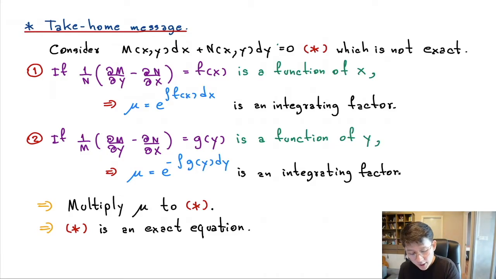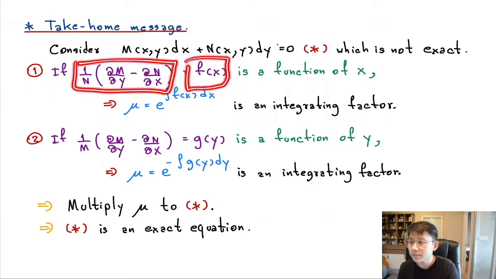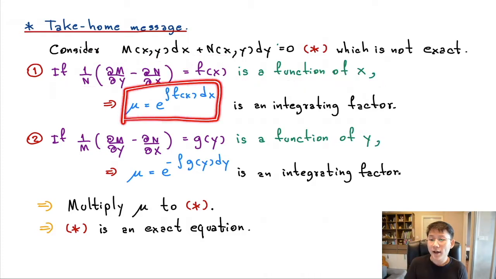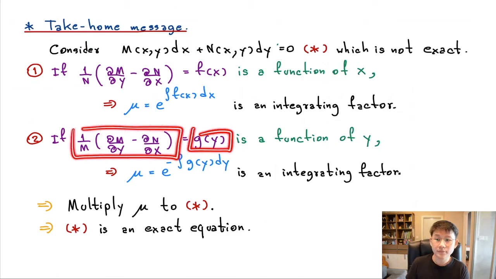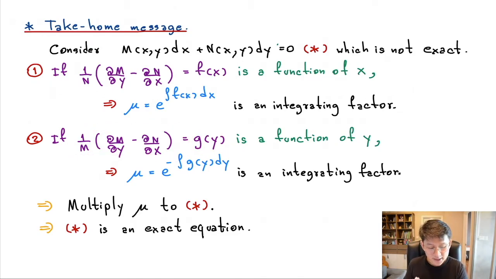First, we check if this is a function of x. If it is, we let mu be this guy. And then if not, we check if this is a function of y. If yes, this is the mu, the integrating factor.